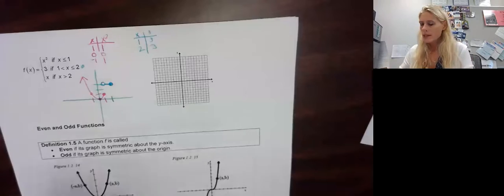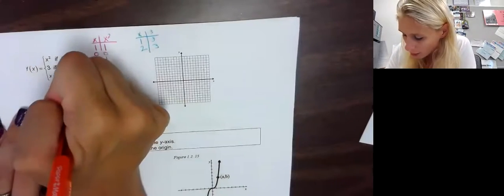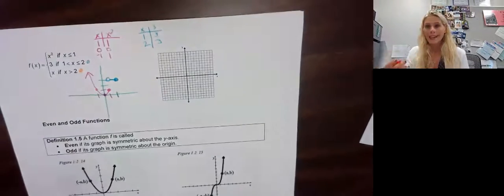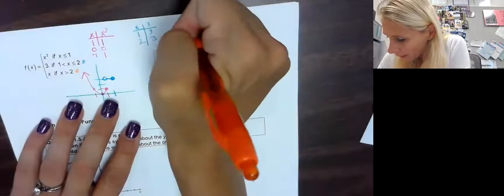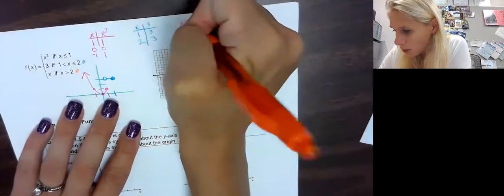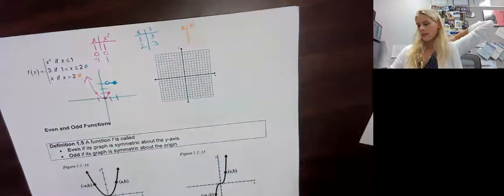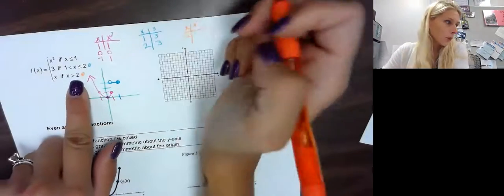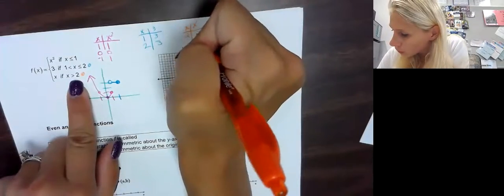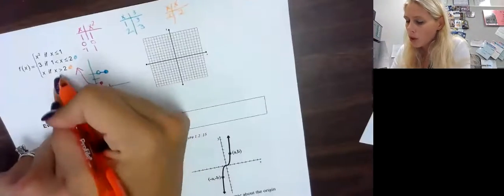Okay, now I see this third part is x, which means linear, right? So for all x's, I'm just going to put in x. But here I start at 2. So of course we have 2, 2, and then we're going to go greater, right?